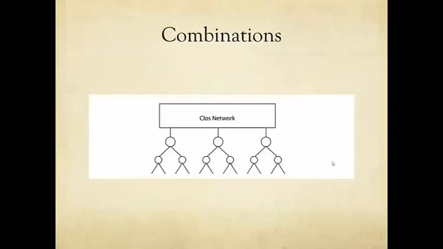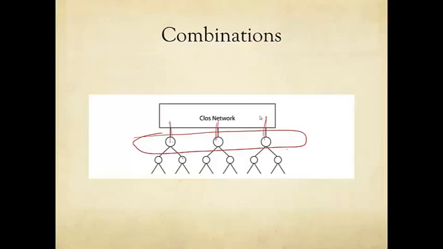Now, there are also many different combinations. For example, you can first build a tree, and then you can hook into a Clos network to the point where you can build a large enough switch, for example, 128 by 128 or something. Then, well, build it. And then when you can't do it anymore, then build bigger switches connected into a Clos network.